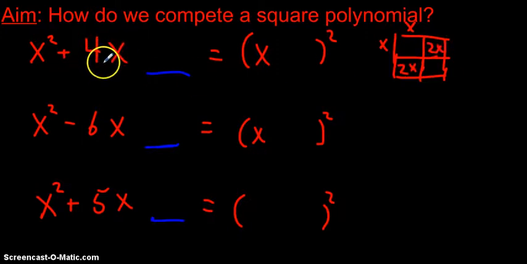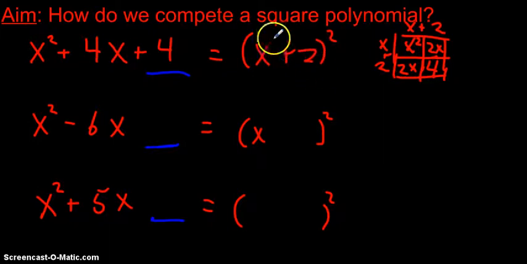This is x squared. Together these have to add up to be 4x, because that's our center term. Which means this must be 2, that must be 2, and the number that completes this square must be 4. So that should be 4, and what completes the square is half of this center term.